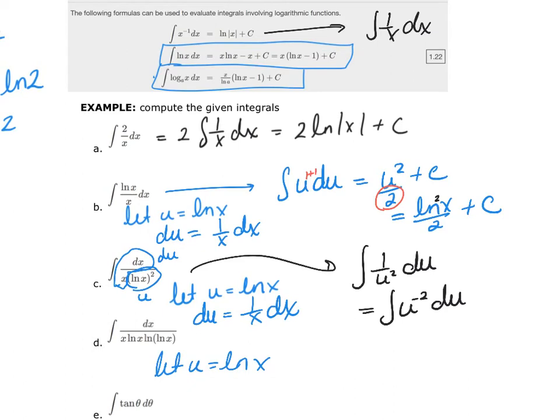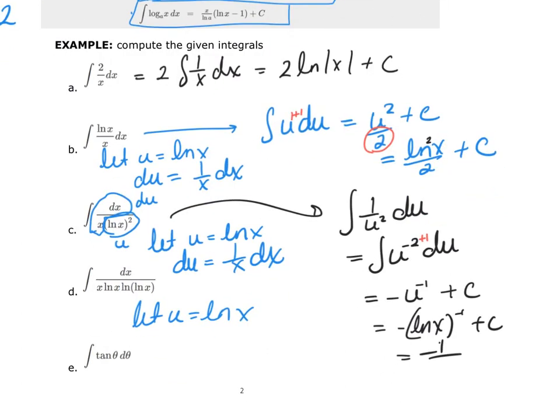The only reason I do that is because I want to be able to add that power and divide by it. So I'm going to add the power and divide by it. So when I do the integral of this, it's going to be negative u raised to the negative 1 plus c, which is equal to negative the natural log of x raised to the negative 1 plus c, or if I prefer, negative 1 over the natural log of x plus c.